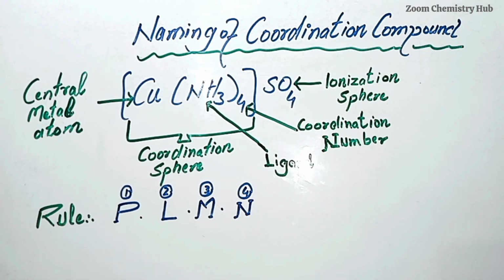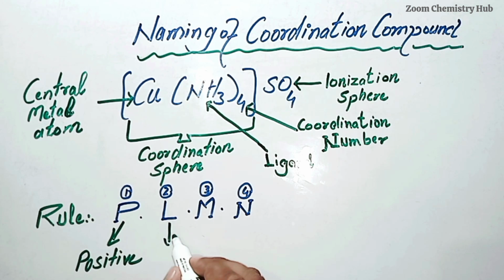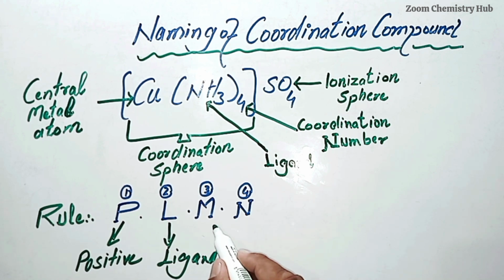Now we have a trick or rule for naming the coordination compound, that is PLMN. P stands for positive ions, then we will write the ligands, using mono, di, tri, and so on.